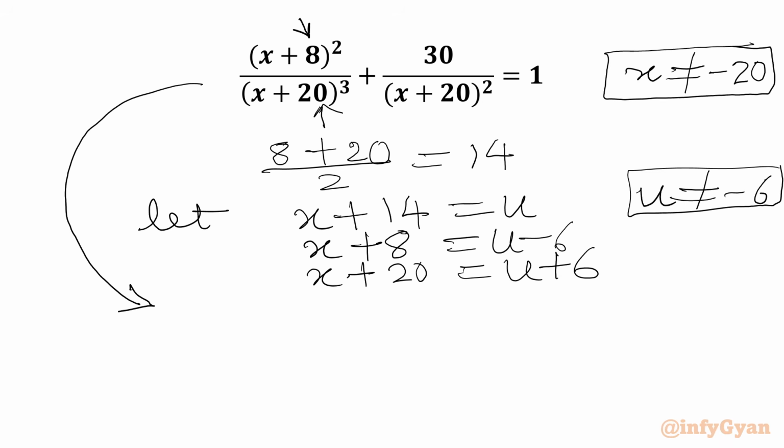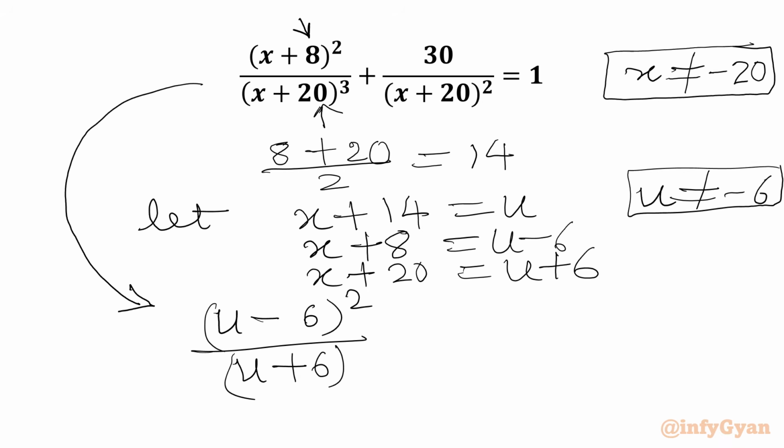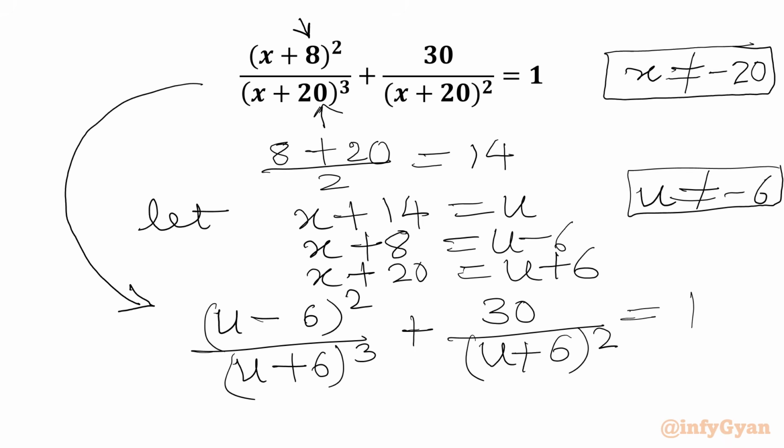So x plus 8 whole square, we will write u minus 6 whole square over x plus 20 whole cube, we will write u plus 6 whole cube plus 30 over u plus 6 whole square equal to 1. Now we are going to multiply u plus 6 in the denominator. So in the numerator, for the term 30 over u plus 6 whole square.